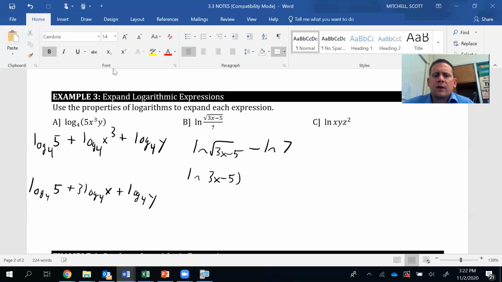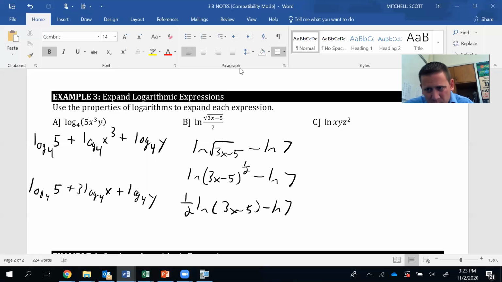A square root is a 1/2 power. What do I do with a power? Write it out front. Natural log of 7, you can't do anything with. You can't do anything with this 3x minus 5. Make sure you put that in parentheses, though. Should be in parentheses, so it signifies that this is all inside that natural log.